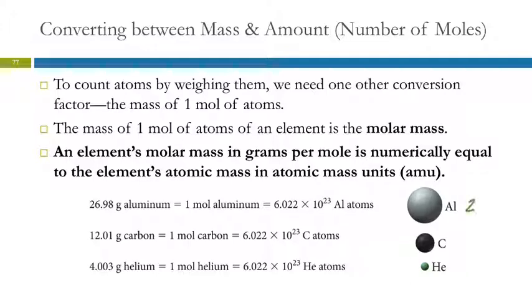It's that same number, 26.98, just put a different unit on it, atomic mass unit. So this is the atomic mass. This is the molar mass, the mass of a mole. It's the same number.